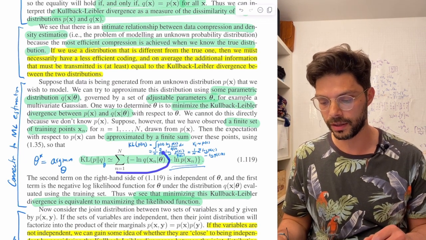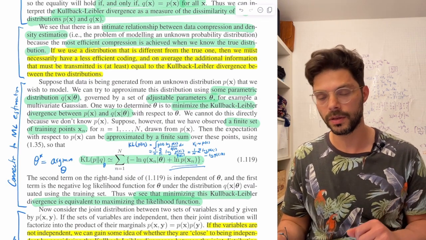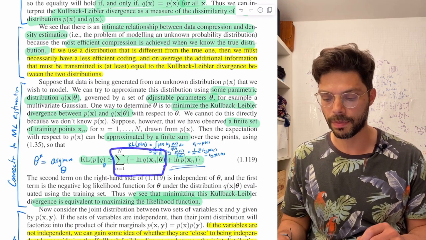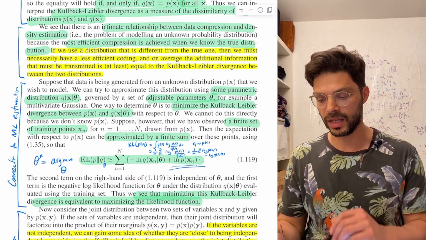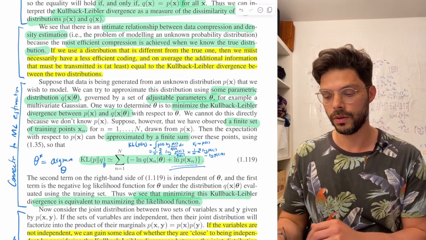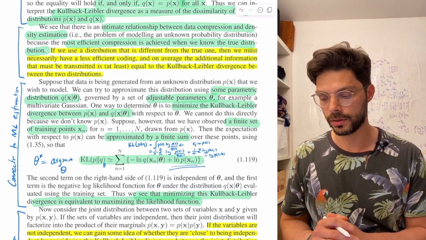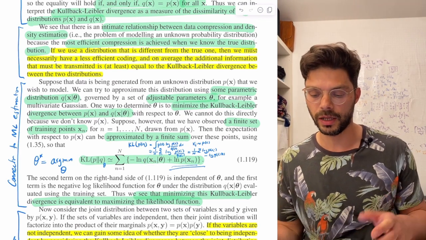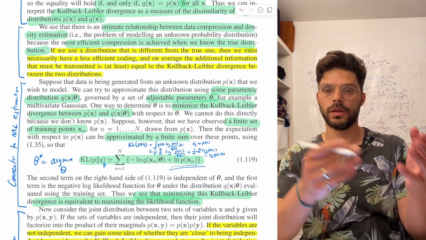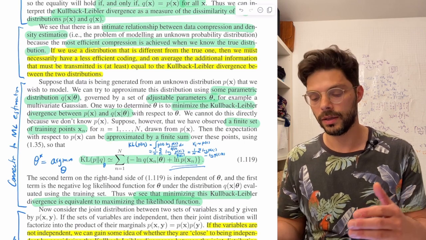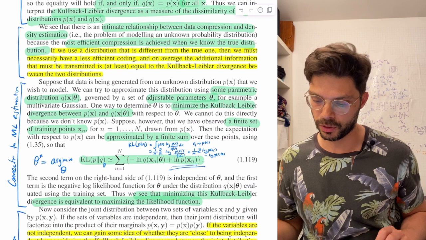So this looks like maximum likelihood estimation, where you have a bunch of independent samples and you are maximizing the probability, the likelihood of your parameters given this distribution Q and these particular samples. So essentially all he's saying here is that minimizing the KL divergence in this approximate way brings you back to maximum likelihood estimation, which I think is pretty cool.